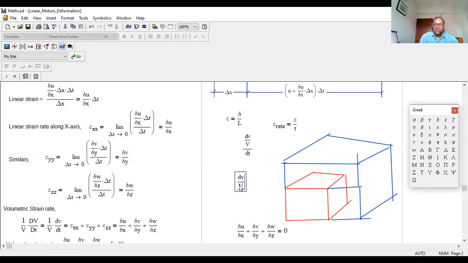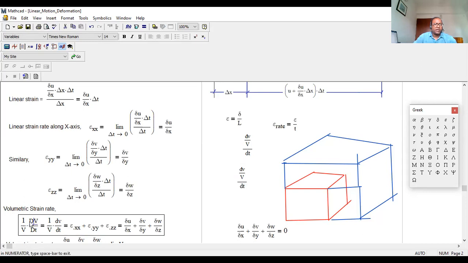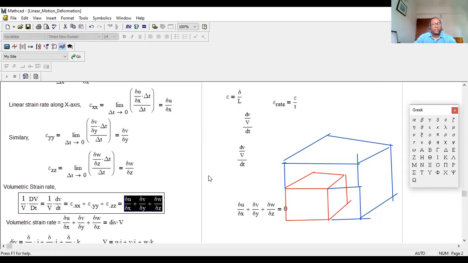Then this term again you divide by time dt. This is called volumetric strain. If you rearrange this, it will come as 1 by V dV by dt, that is the material derivative. This equals the summation of all these three. So you get this, okay?